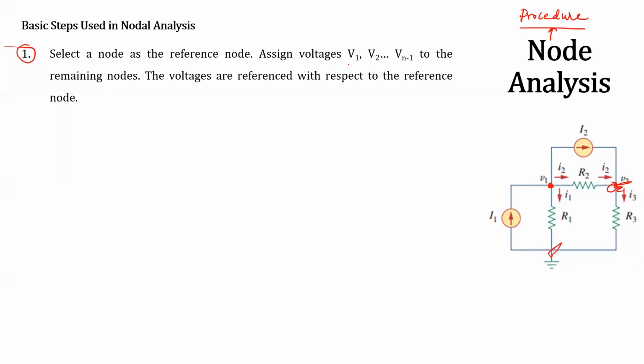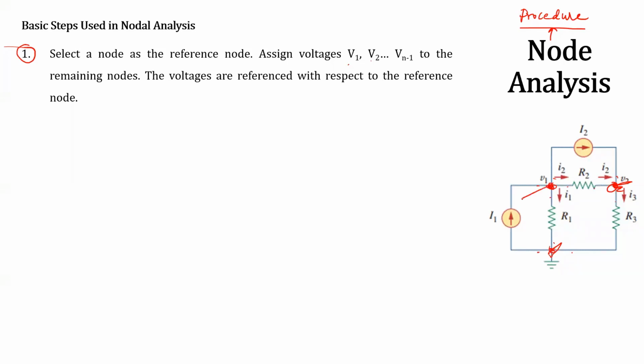So what is the procedure to select the node as a reference node? It is a node at which more number of branches are connected. In these three nodes, 1, 2, 3, there are 4 branches and 3 branches.